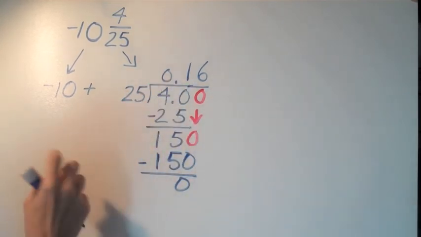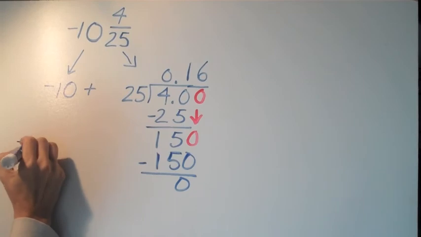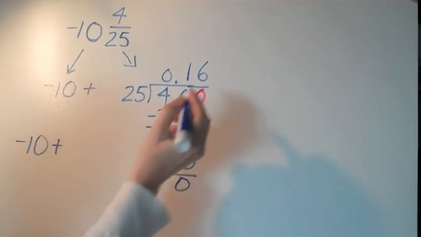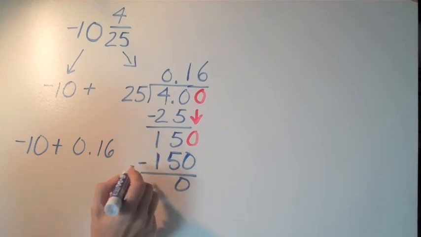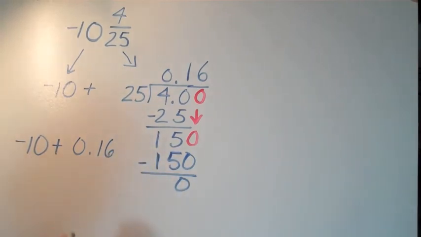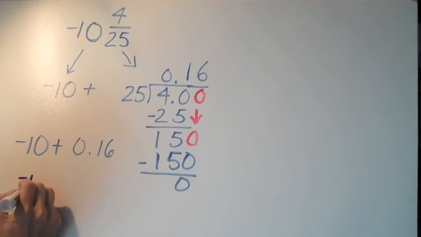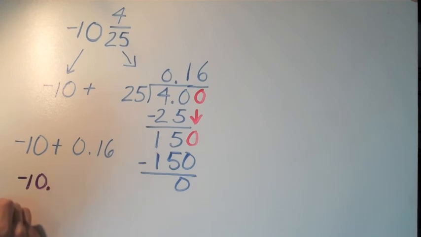And now what we have is -10 plus 0.16, right? Let's just line them up. We can do our work right over here. -10, the decimal would be right after it, plus 0.16. If you added that together, you would get -10.16.